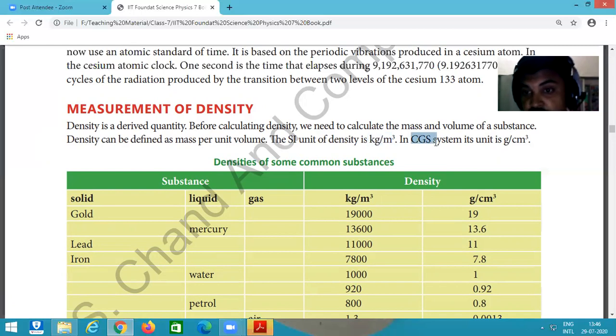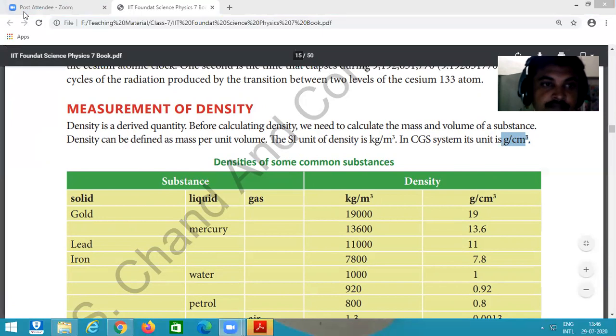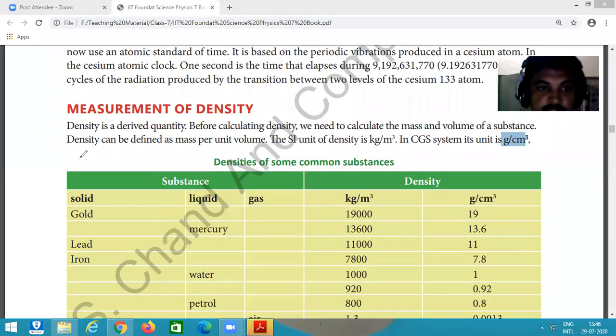And in the CGS system, what is the unit of density? Gram per centimeter cube. By an example, we can try to understand what density is. Suppose we take two blocks of different objects, both with the same size and the same volume. Suppose I take one block of wood and one block of iron.